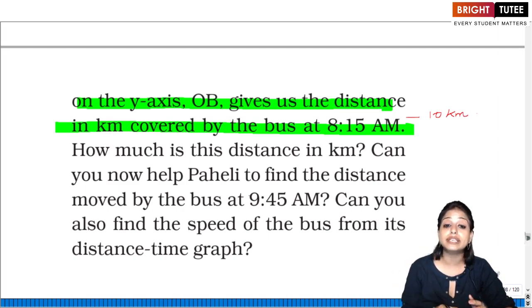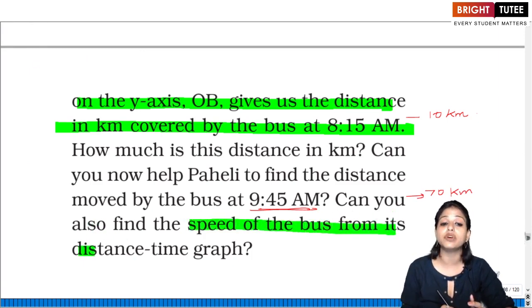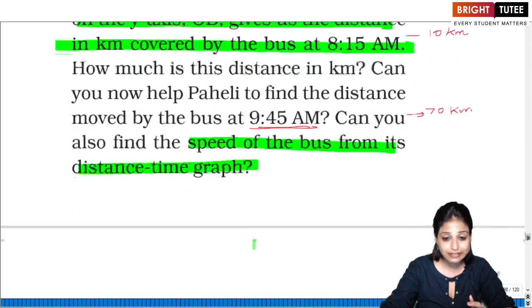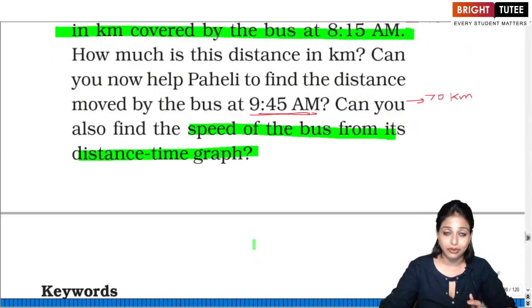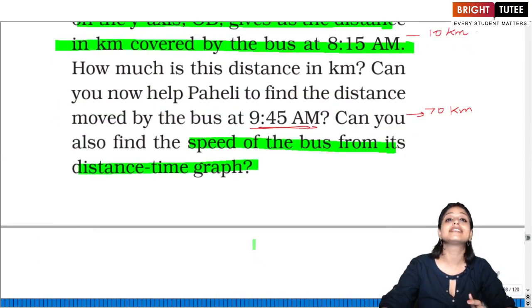What about the distance traveled at 9:45? We have just done it. We saw that it was around 70 kilometers at 9:45. Now the very important thing, students, can you also find the speed of the bus from the distance time graph? That is the question. I'm going to leave it, because the answer to this is yes.